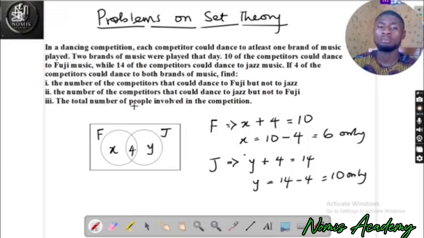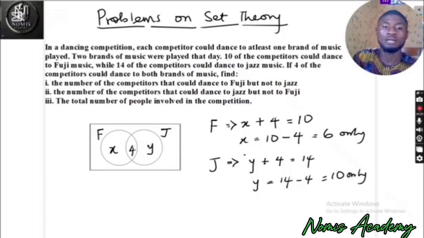Now, the total number of the people involved in the competition, how do we get that? The only way we could get that is that we are going to add Fuji only, jazz only, and the common elements.